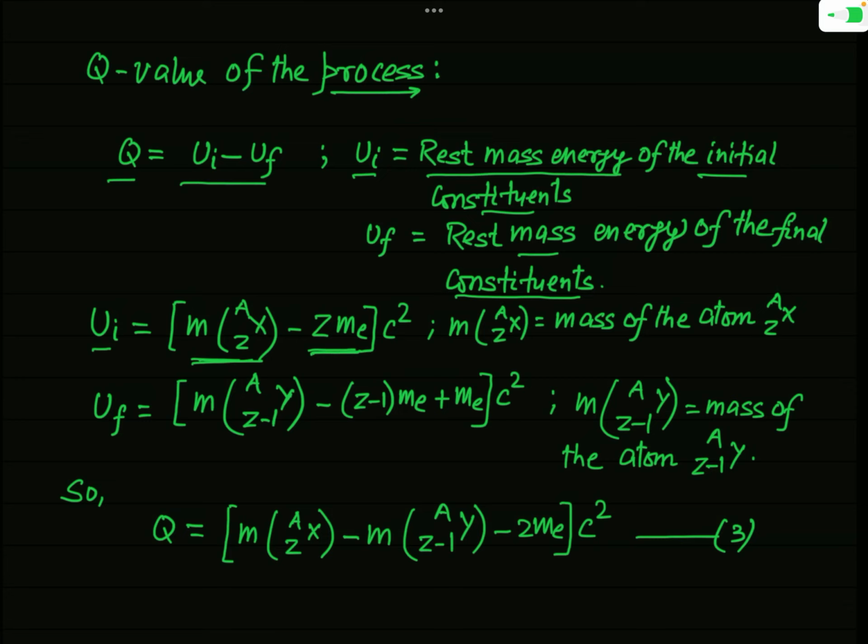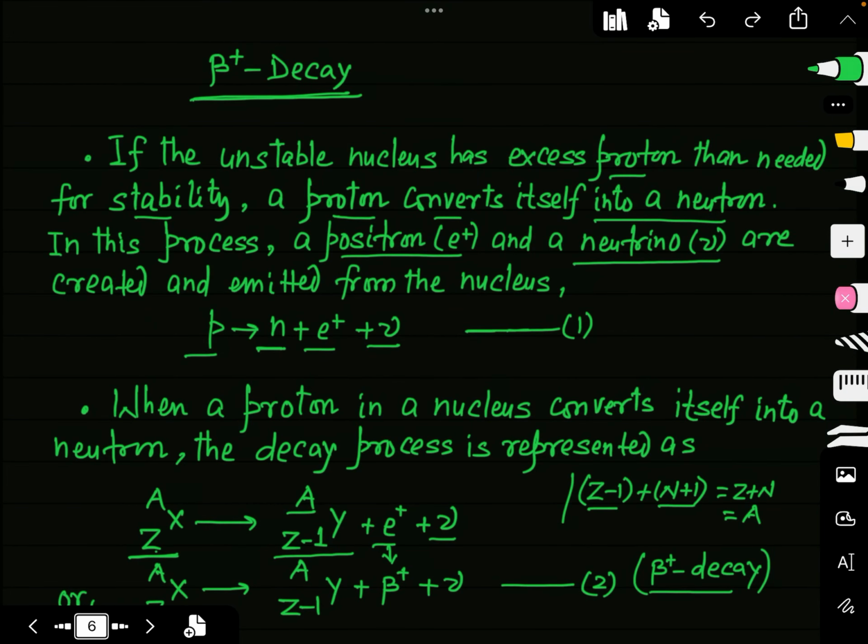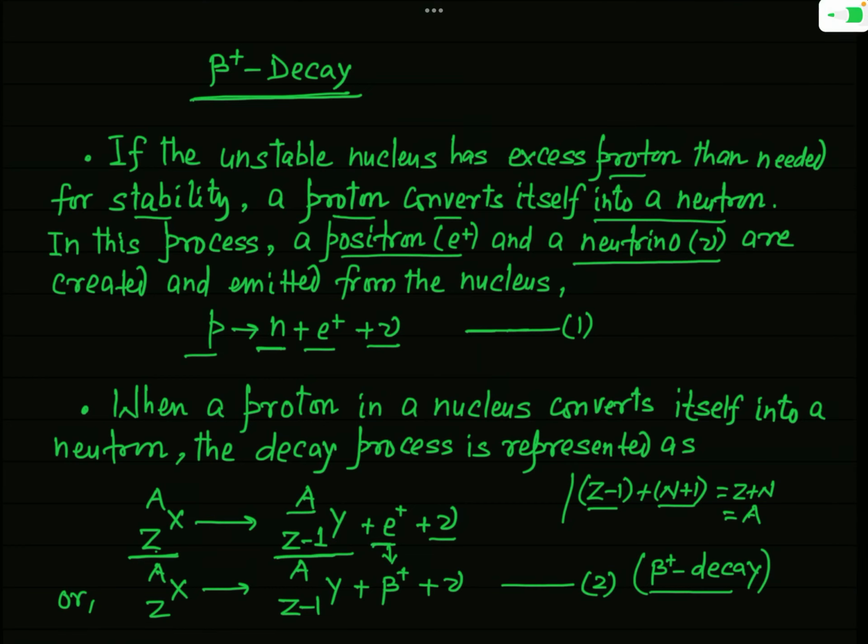Similarly, we have to find Uf. In the final constituents there are 3 components: one is the daughter nucleus, another is the positron, and the third is the neutrino. Just like the antineutrino, this neutrino also has zero rest mass.